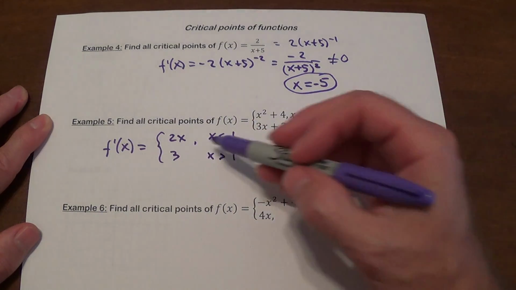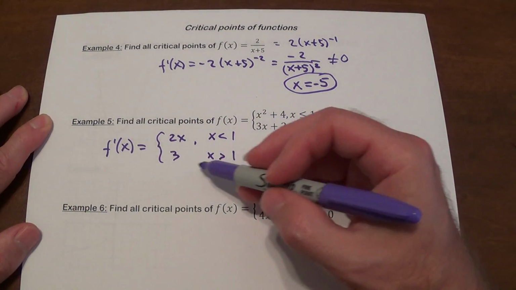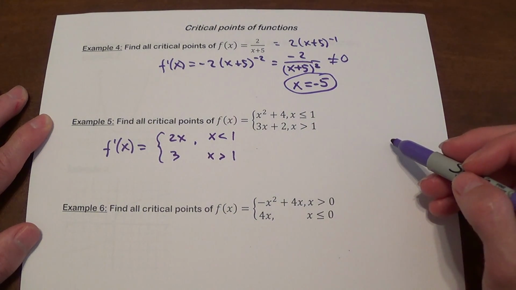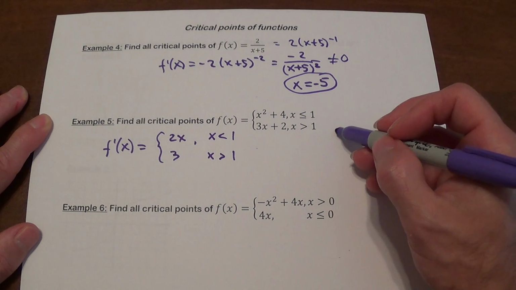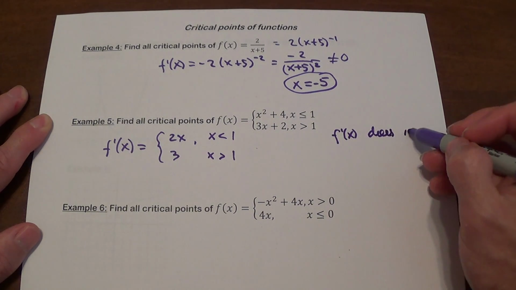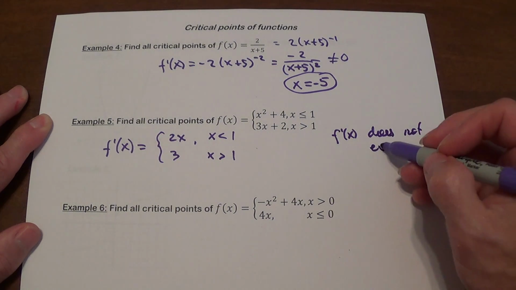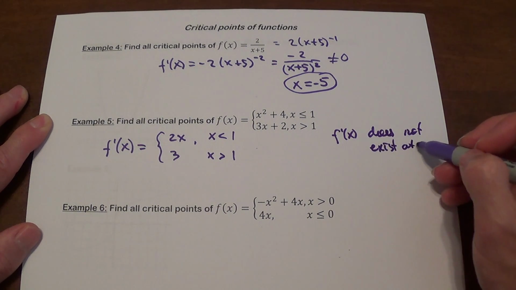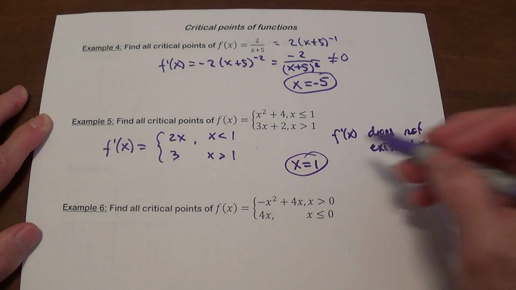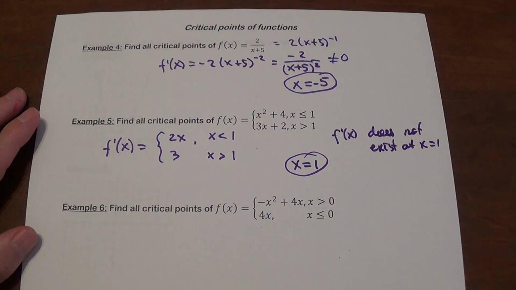On the other, I'm sorry, +2. And on the other side of 1, the derivative equals 3. They don't equal each other. That means f prime of x does not exist at x equals 1. That means that x equals 1 is going to be a critical point.